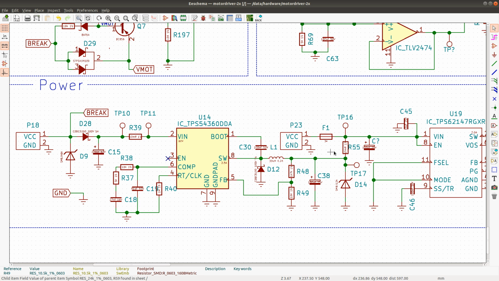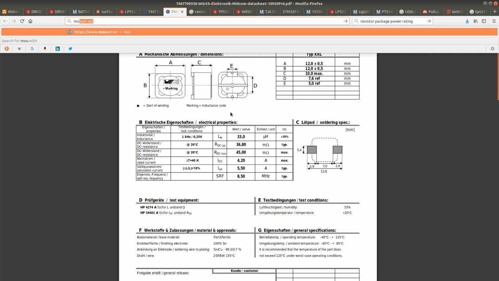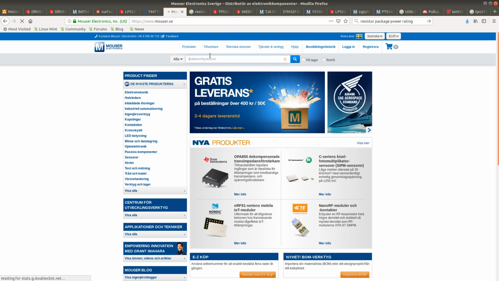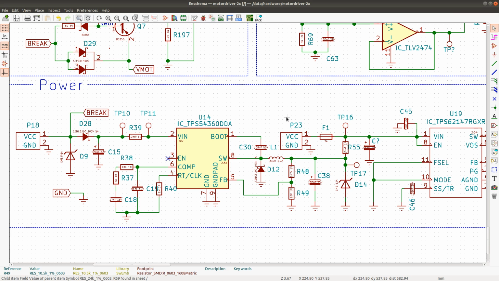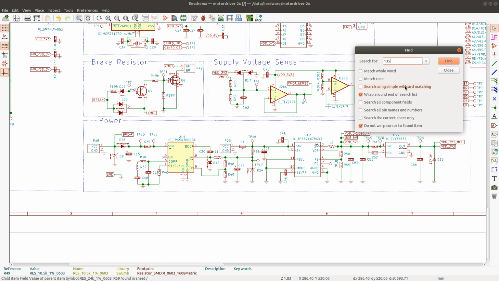This one will need to be 140K. Actually, there is a 135K. Let's see. So I do use 135K.